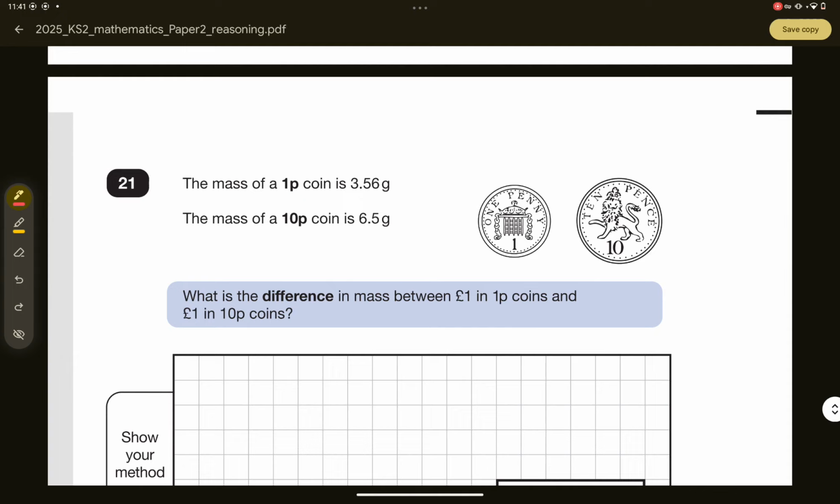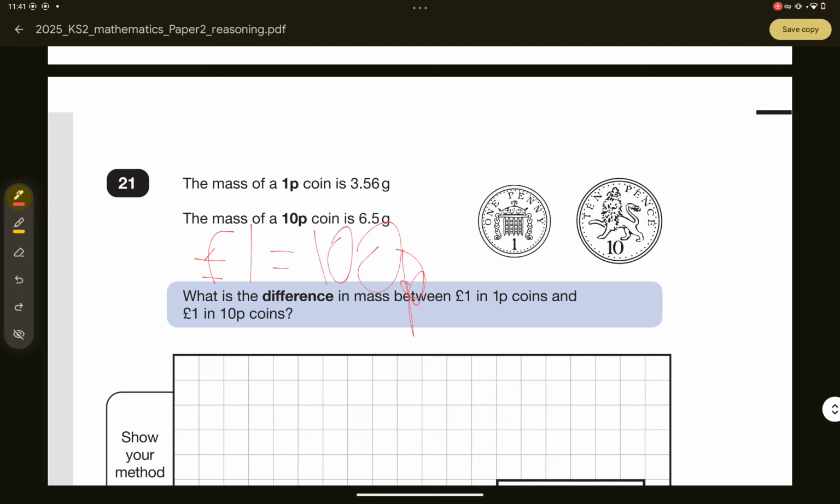The mass of a 1p coin is 3.56 grams. The mass of a 10p coin is 6.5 grams. What is the difference in mass between 1 pound in 1p coins and 1 pound in 10p coins? So 1 pound equals 100p.